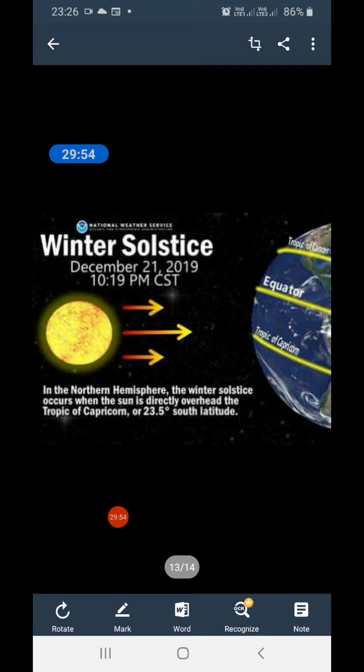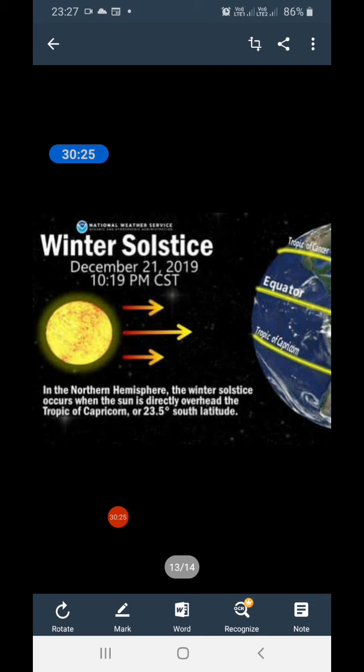So now the sun is going to shine at Tropic of Capricorn on December 22nd or December 21st, and the southern hemisphere from Tropic of Capricorn to the Antarctic Circle will experience its summer, and the places from the Antarctic Circle to the South Pole will have longer days, and they will have continuous daylight for 6 months.